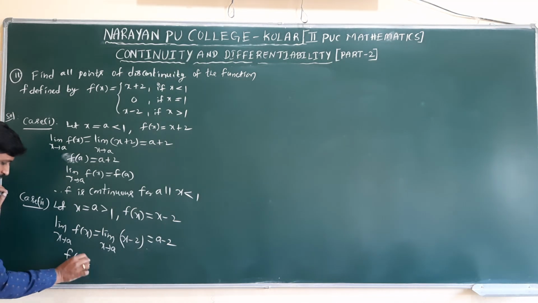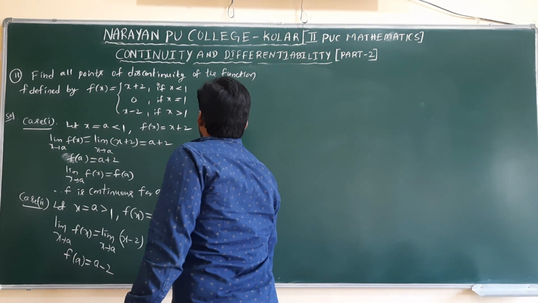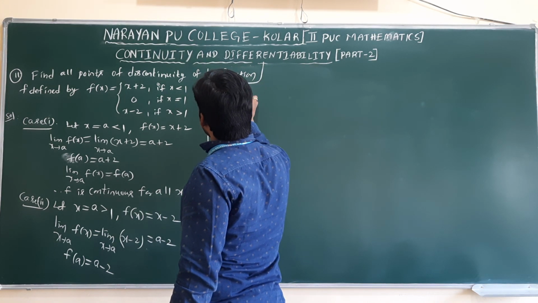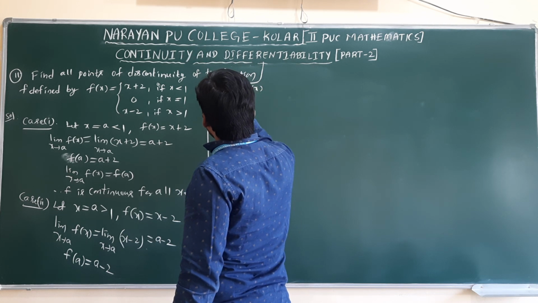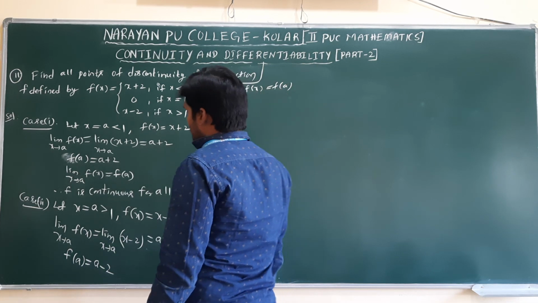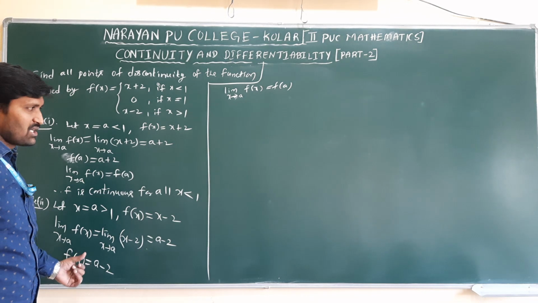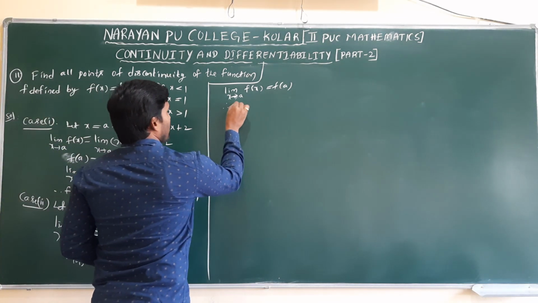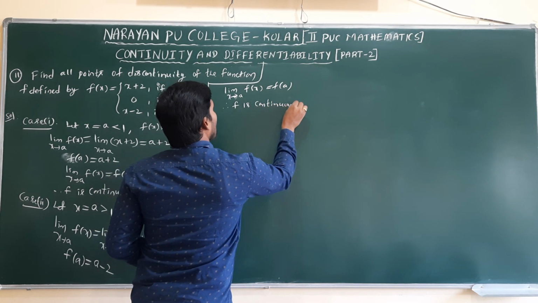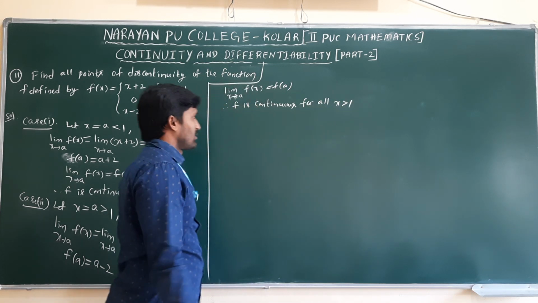And what is f of a? That is also a minus 2. Both are equal. That's why the limit as x tends to a of f of x equals f of a. This condition is satisfied for all a more than 1. The limit of the function and the function value are both the same. Therefore we conclude f is continuous for all x greater than 1.